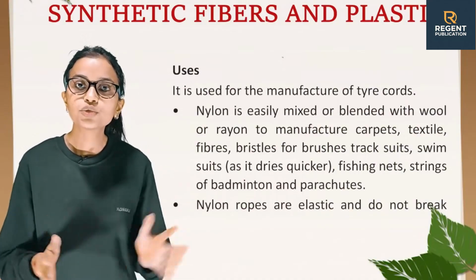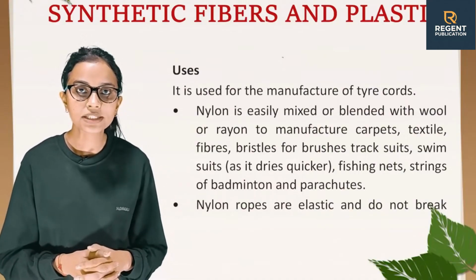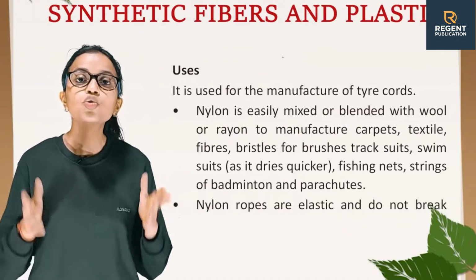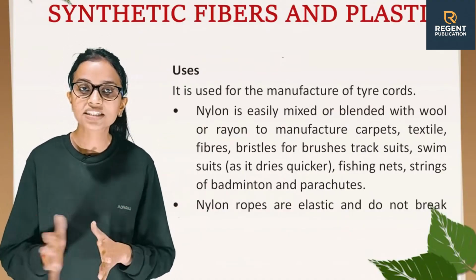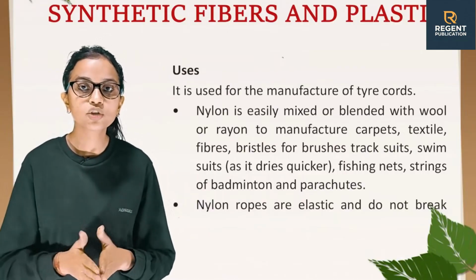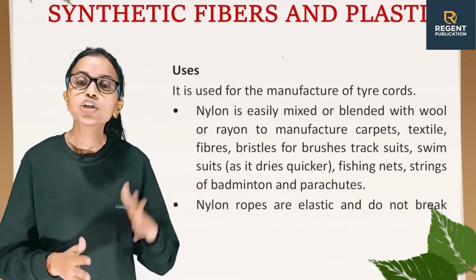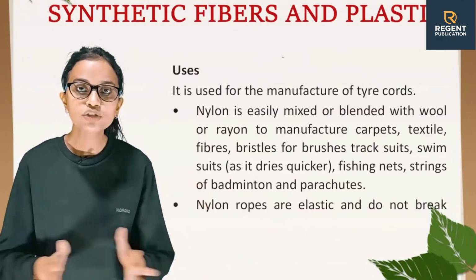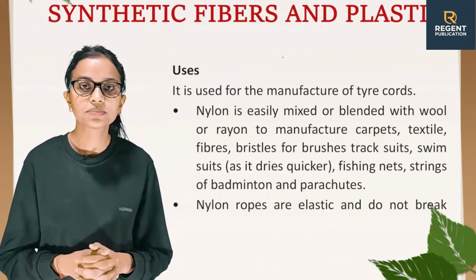Uses. It is used for the manufacture of tire cords. Nylon is usually mixed or blended with wool or rayon to manufacture carpets, textiles, fibers, bristles for brushes, track suits, swimsuits as it dries quicker, fishing nets, strings of badminton rackets and parachutes.